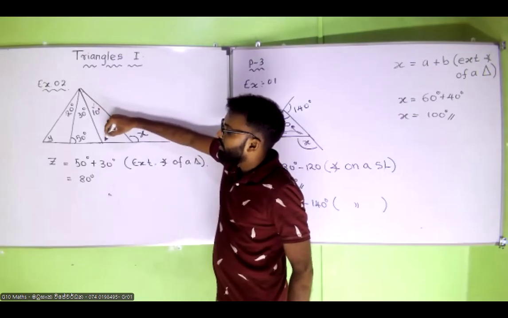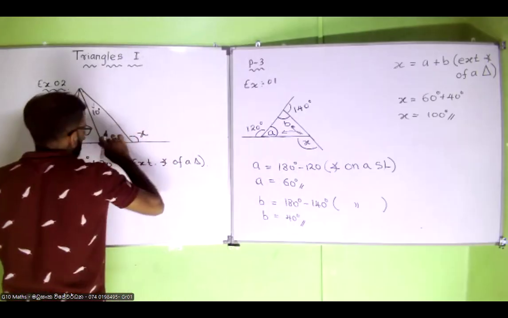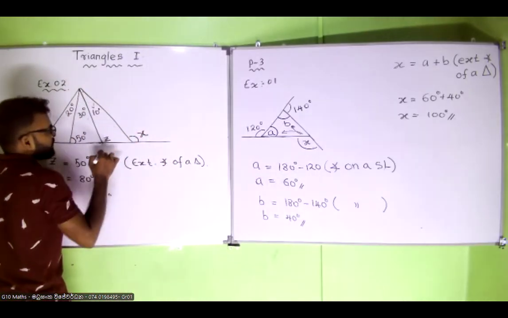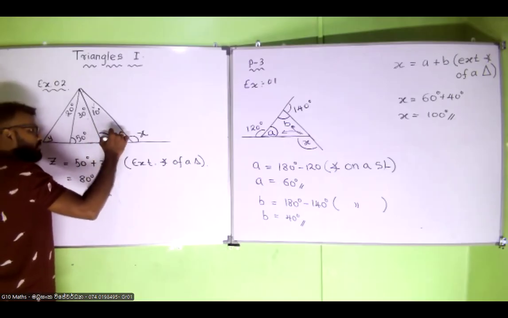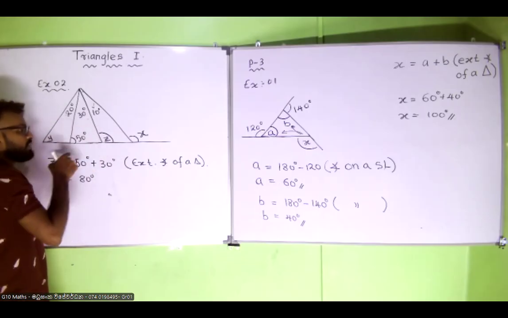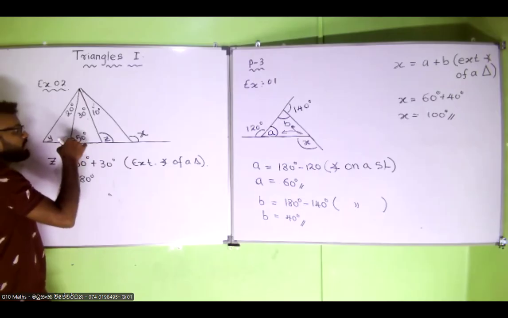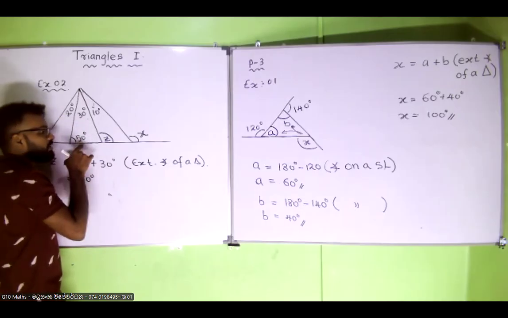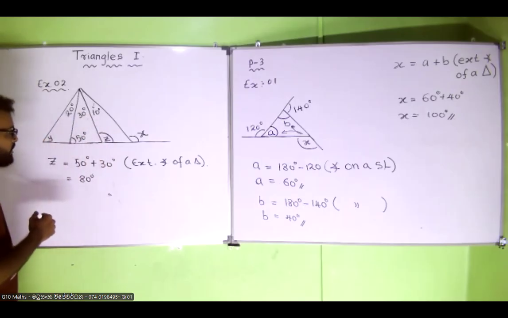The other interior angle we do not know, so I will take it as z. Before finding x, I need to find this angle z. I can find z easily by considering this middle triangle. I have extended the bottom side so that this z becomes an exterior angle.